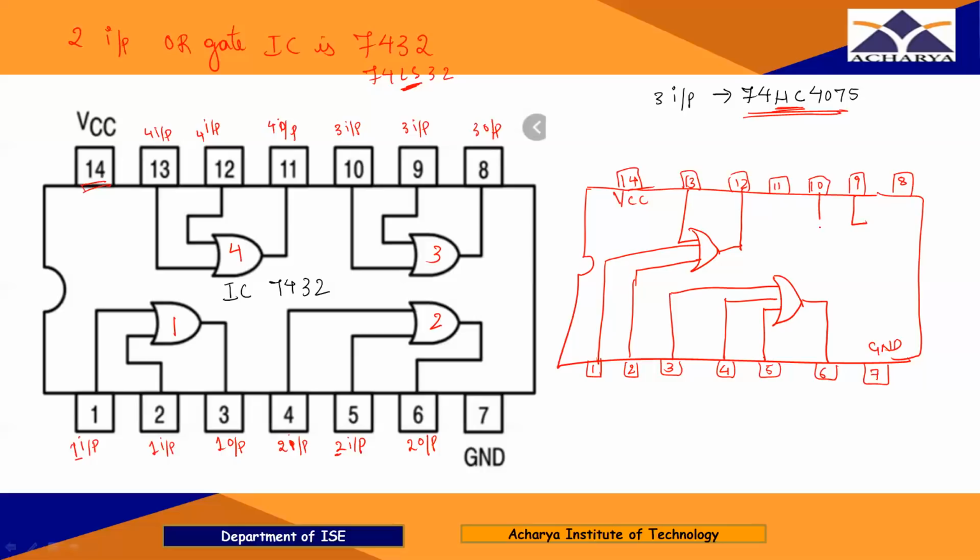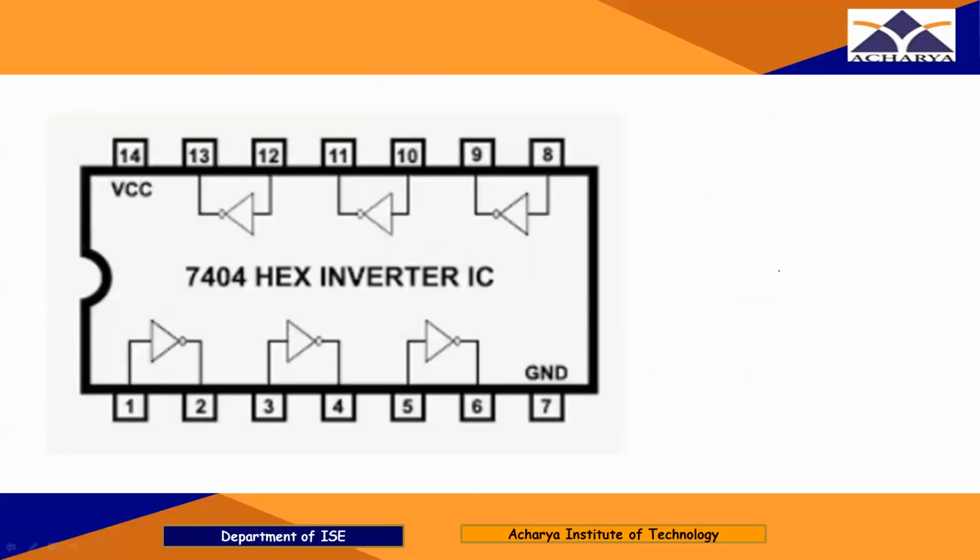And for the third gate, 9, 10 and 11 are the inputs and 8 is the output. Right? So this is first, second and third. Right? So next I'll go with the NOT gate.